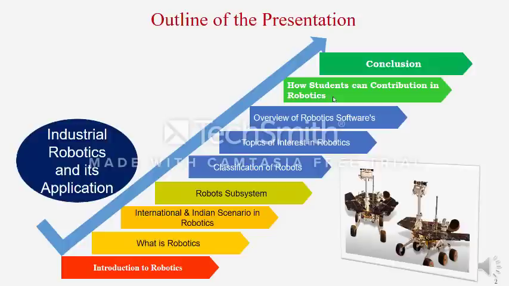Next. Our outline of the presentation comprises introduction to robotics, what is robotics, international and Indian scenarios in robotics, robotic subsystems, how robots are classified, topics of interest in robot design, overall view of robotic software, that is commercial software available to design the robots, how students can contribute in robotics, and finally conclusions.